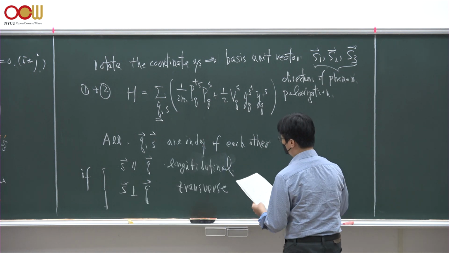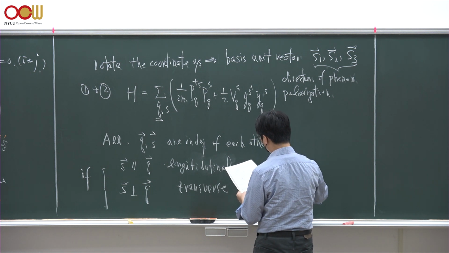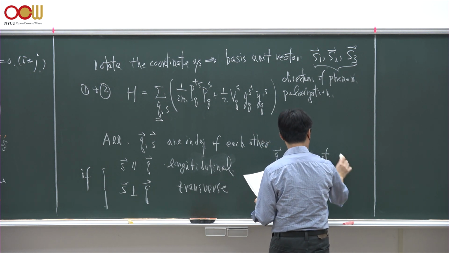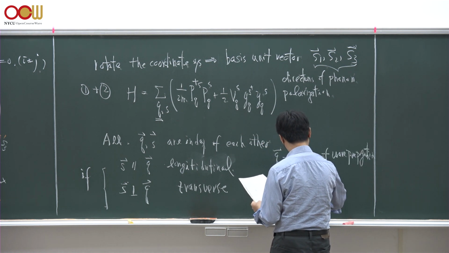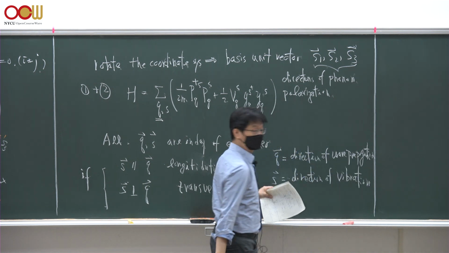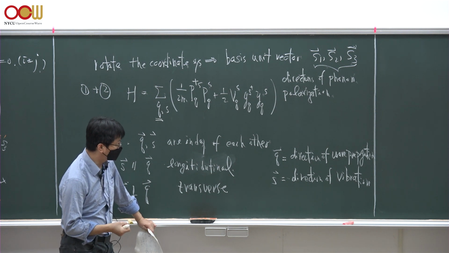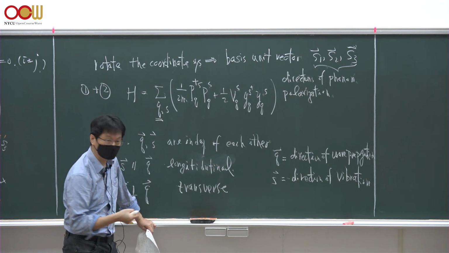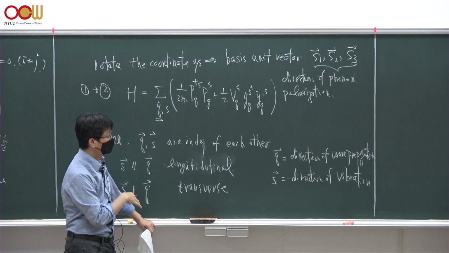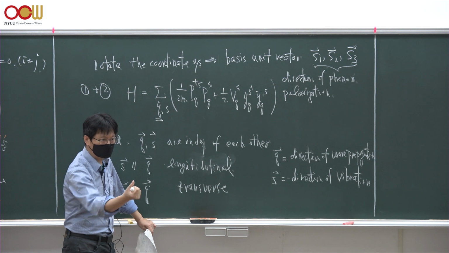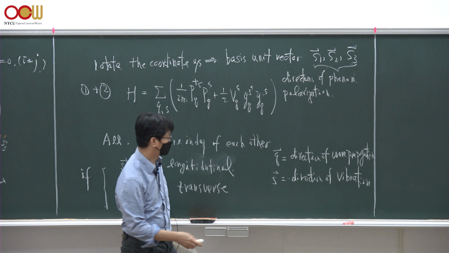So let me define more clearly the meaning of this q and s vector. So q is the direction of wave propagation, and s is the direction of vibration. So in other words, q represents the momentum transfer, which is the direction of the wave propagation. For example, the electromagnetic wave or light wave goes in the direction where the wave propagates.